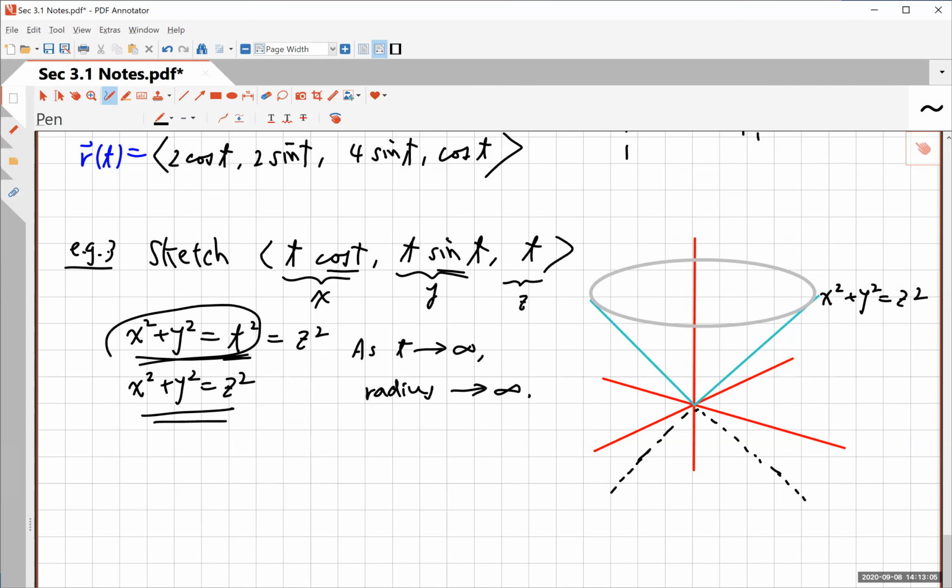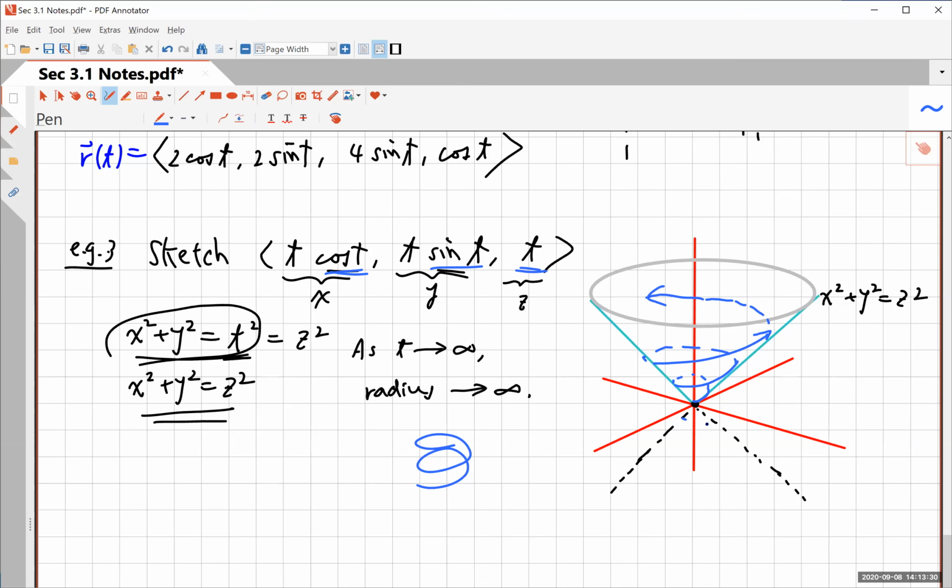When t is equal to 0, clearly it's right here. Okay, and then as t increases, cosine and sine will start the circular motion in terms of x and y. Z will continue to go up, and at the same time the radius is growing. So it's not a helix like this anymore because the radius changes from 0 to infinity.